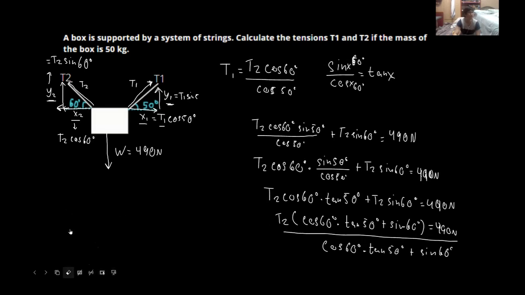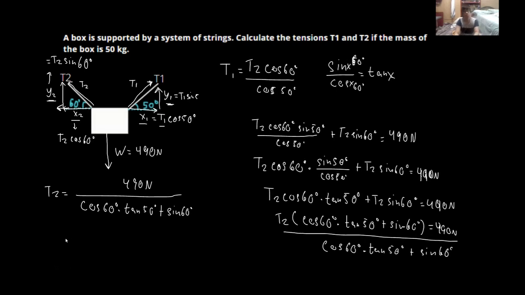So T2 is equals to 490 newtons all over cosine of 60 degrees times tangent of 50 degrees plus sine of 60 degrees. Sorry, it is 50 degrees, not 60. Now we can use our calculator: 490 all over cosine 60 degrees times tangent of 50 degrees plus sine of 60 degrees.